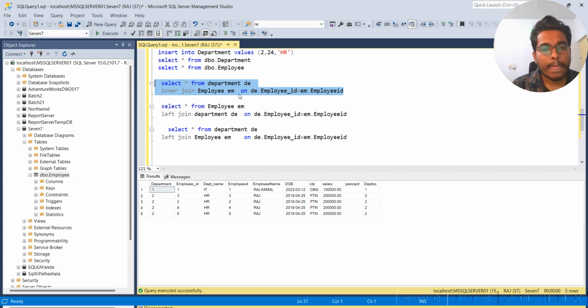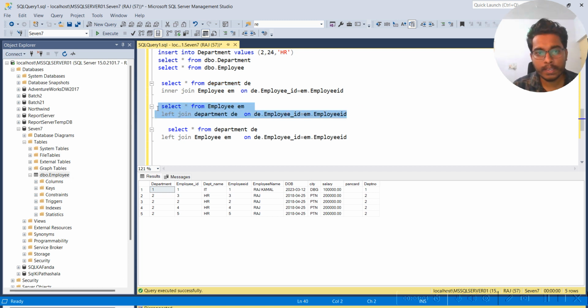And here you see, since department comes first, we are getting the columns of department first and then employee columns. So this is also clear. And I would like to say, see these two queries.